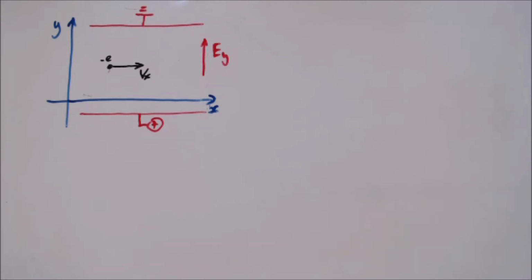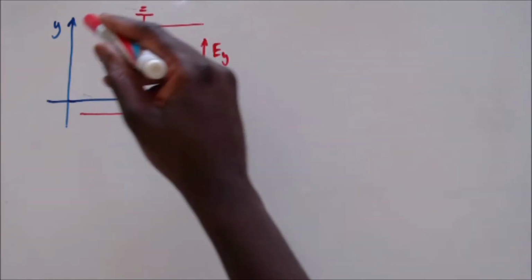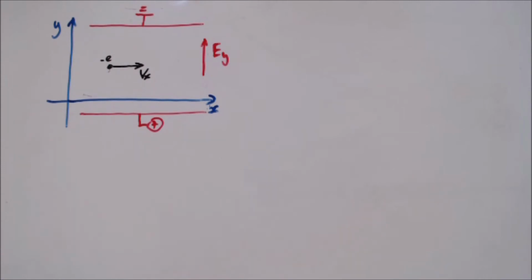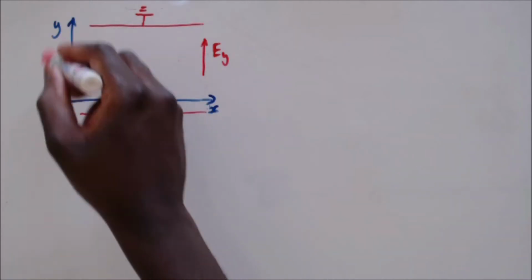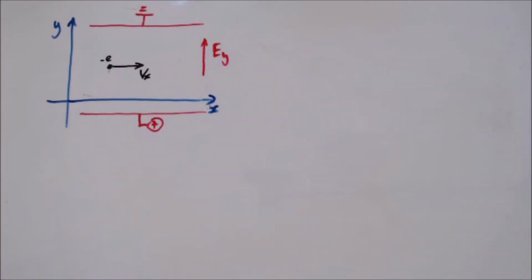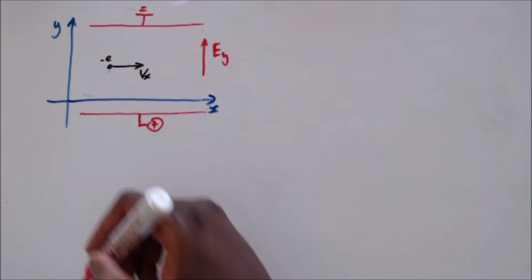I've got a setup in front of me here where I've drawn a typical example of how such an electron may be arranged and how the field might come about. We have a set of XY axes there, just to enable us to know which is the X direction and which is the Y direction.